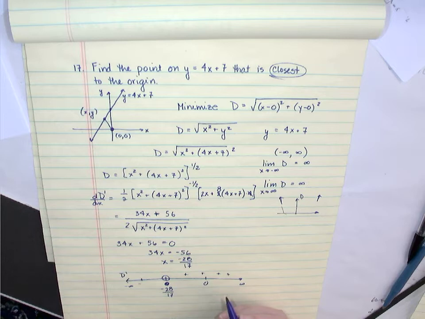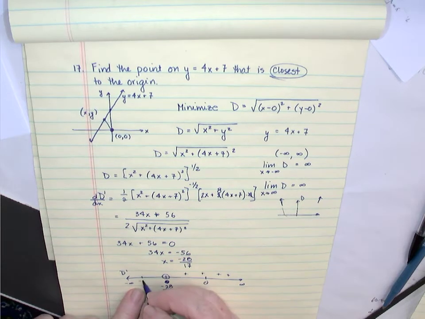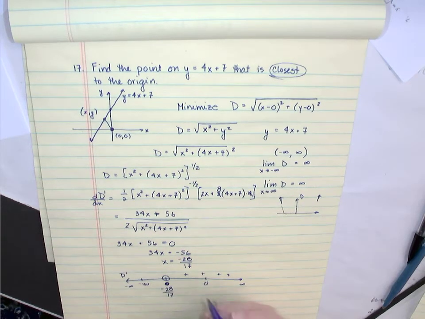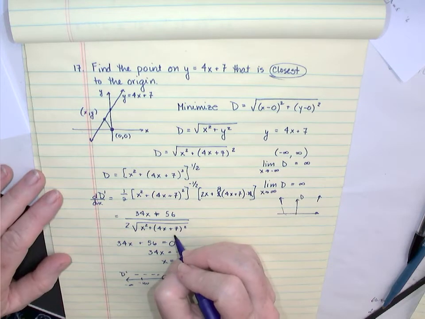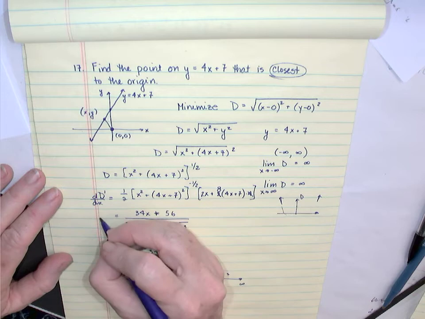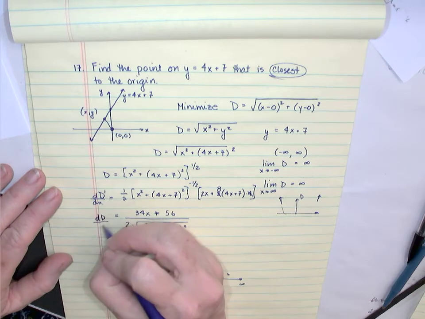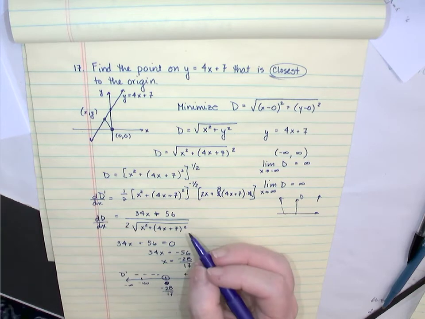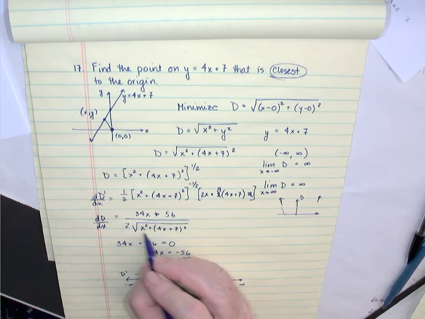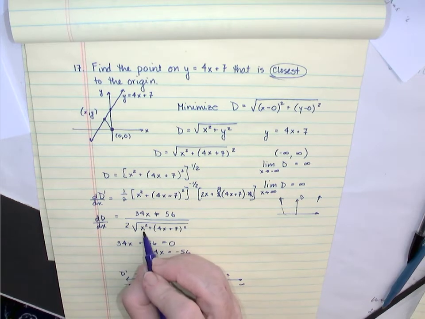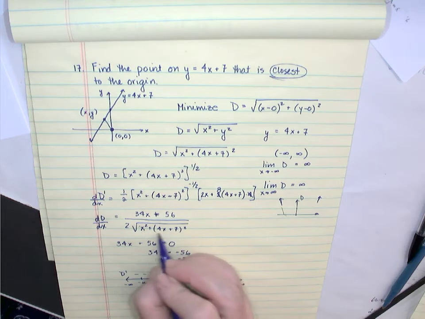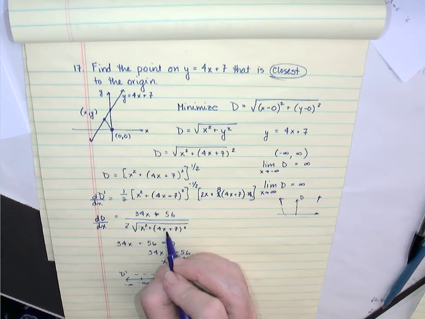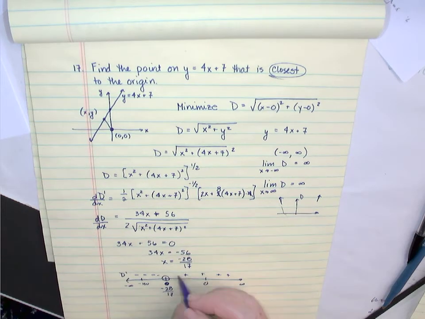If I plug in something less than negative 28/17, maybe negative 100, I know that will give me a negative. I should also have wondered about where the derivative is undefined, because that would give me another critical value. But the derivative is never undefined, because x squared plus (4x plus 7) squared is always a positive number, so the denominator can't possibly be equal to 0.